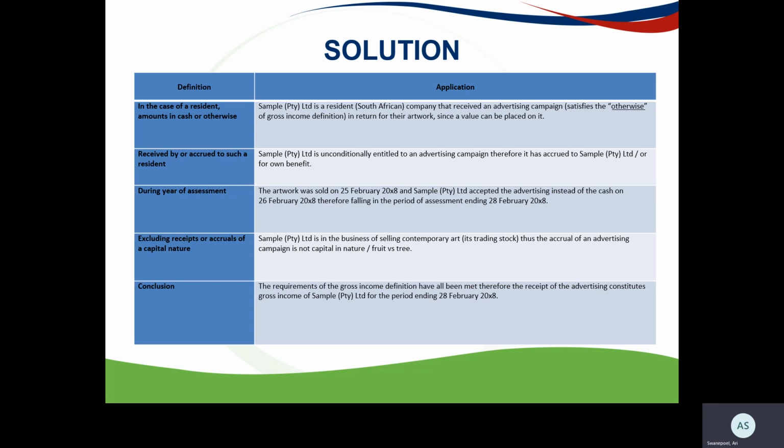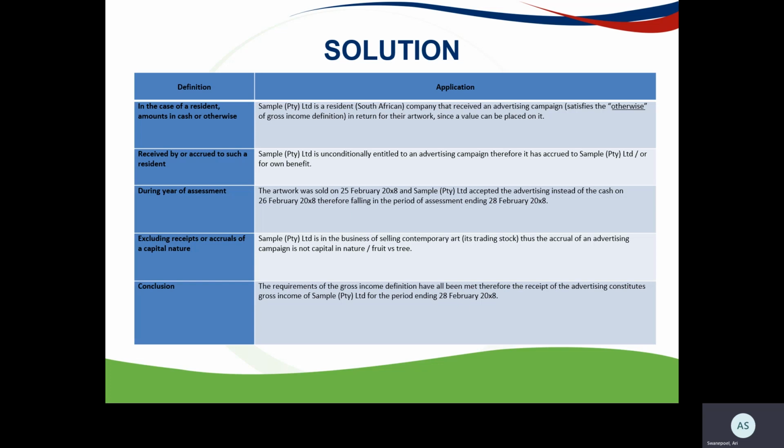So it has accrued before they received the benefit of the advertising campaign during the year of assessment. The artwork was sold on 25 February, and Sample accepted the advertising campaign instead of cash on the 26th of February, so it happened during the year of assessment. And excluding receipts or accruals of a capital nature: Sample's business is the selling of artwork.